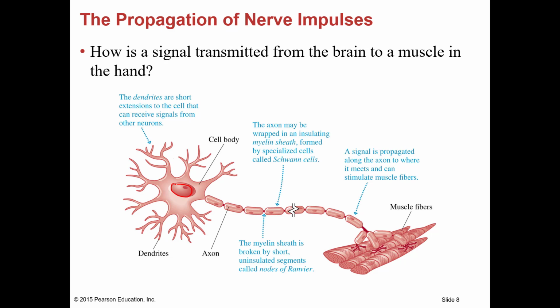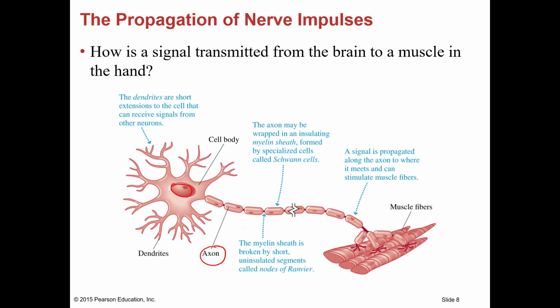This part is the nucleus. This whole thing is the cell body. And this wire is called the axon. Axons are the main parts that transmit the signal. The neuron that goes from brain to the muscles is called a motor neuron.